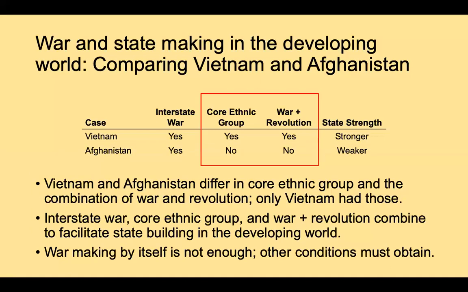That is to say, interstate war alone is not enough. You need more than interstate war to produce state building. Interstate war must combine with the existence of a core group and the combination of war and revolution to produce the state building that we expect it to produce based on our understanding of the European experience.